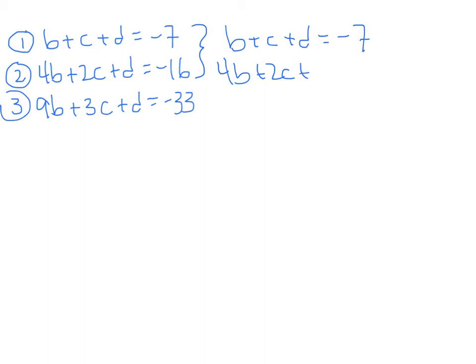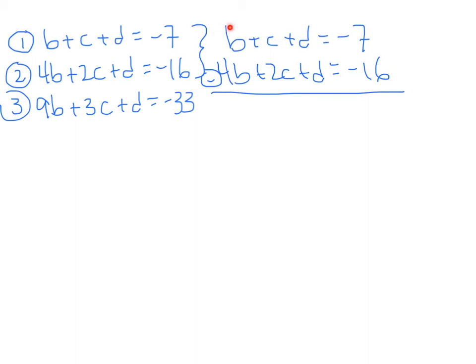The easiest variable to eliminate will be d, because if I just subtract these 2 equations as they stand, the d's will eliminate. I'm actually going to subtract up. I hope that doesn't bother anyone. If you don't like it, you can subtract down, but I'll avoid some negatives this way.